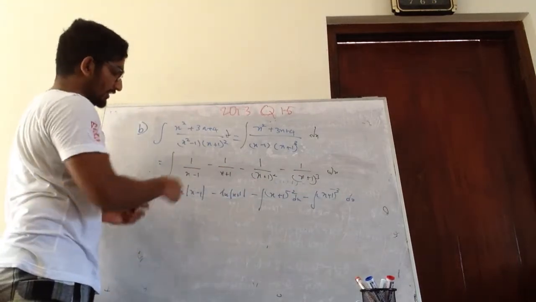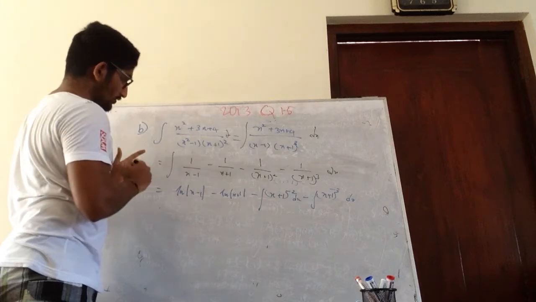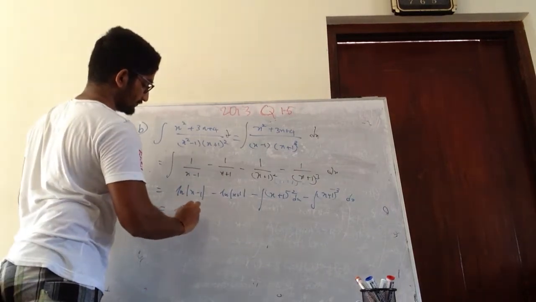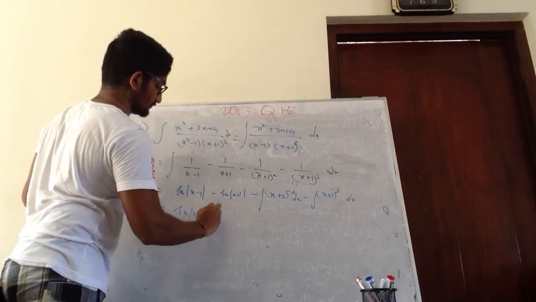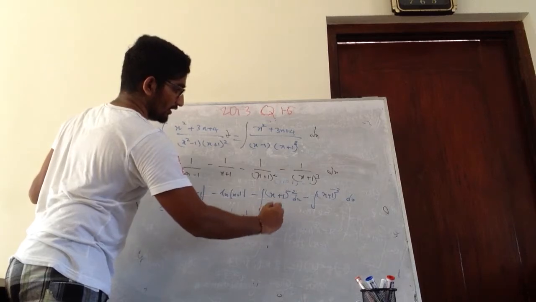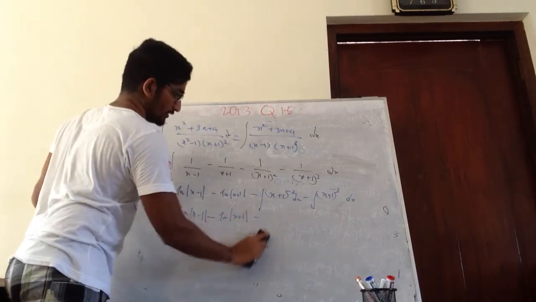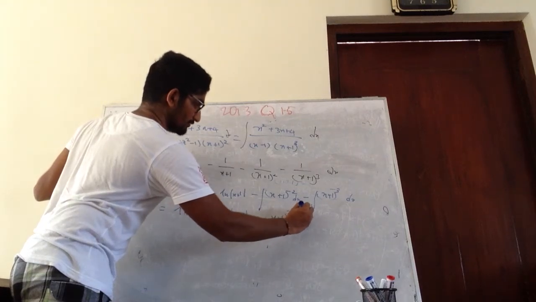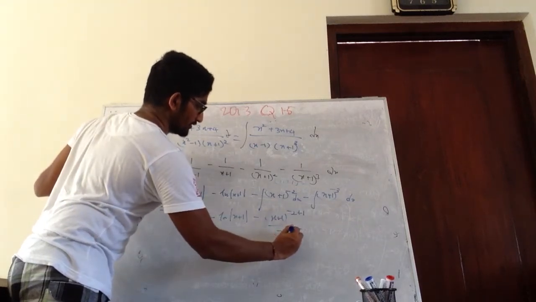If you rewrite this like this, you can get this. It's going to be x plus 1, minus 2 plus 1 is going to be the same here.